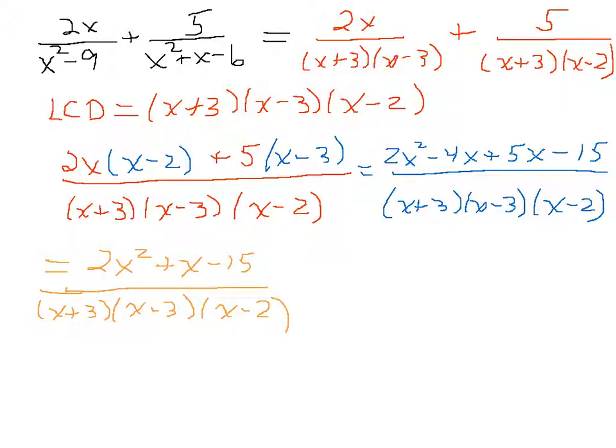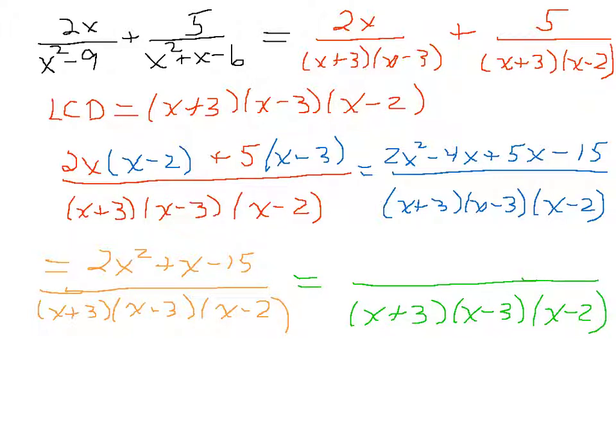Okay, and so now what's the next step? Yes, you guessed it, we got to factor the top. So we'll leave the bottom all alone. x plus 3, x minus 3, x minus 2. Check out these wild colors, huh? Pretty cool. And so you might want to press pause and see if you can factor the top. And it factors like 2x minus 5 and x plus 3, right?